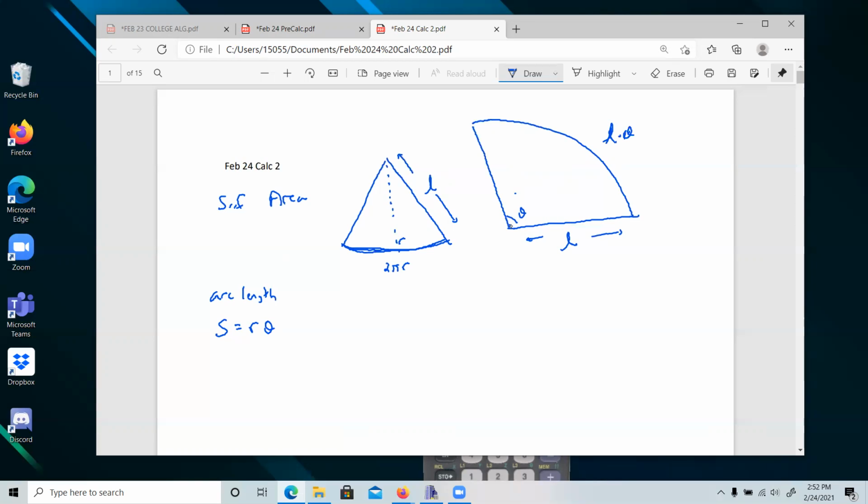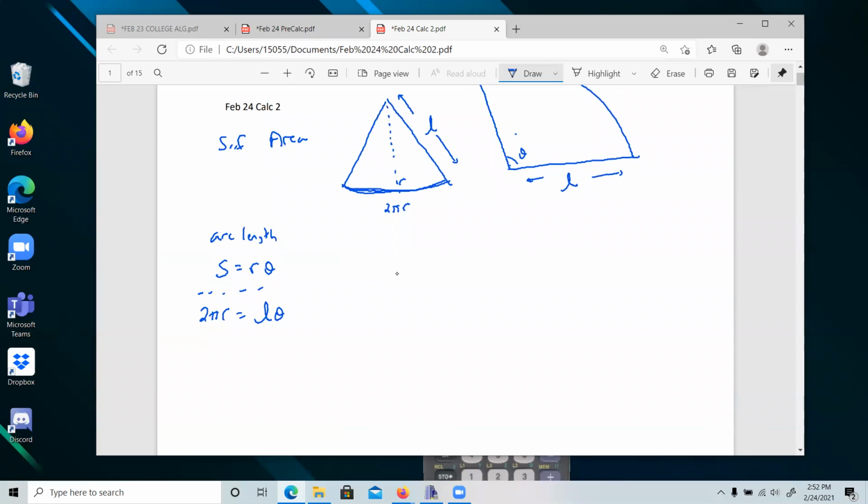But what's my arc length? My arc length is 2 pi r. My radius in this case is L, because in this circle my radius is now L. I promise this is a little confusing to set up, but it's worth going through because next we're going to work with some more cones, and it'll look right in the next section, even though this is confusing.